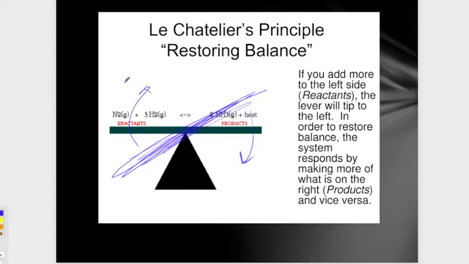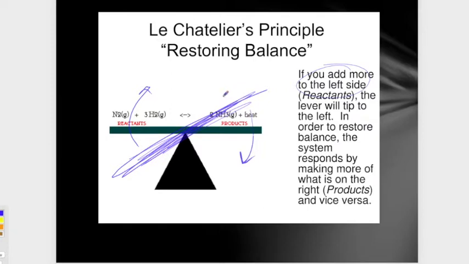So by adding more reactants, to restore balance, the system will respond by making more of what's on the right, products. So you can think about this whole thing like a seesaw and how the seesaw gets tilted based on the stressor. Here our stress is adding more reactants. The system, in order to restore balance, to swing this back the other way, is going to have to make more products.